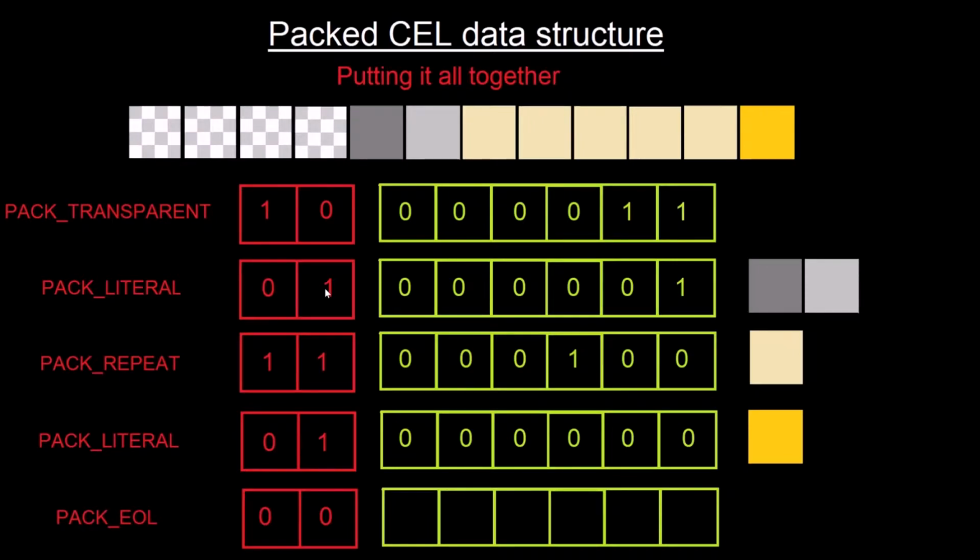The next header says pack literal 1 because it's 2 pixels. Because those 2 pixels differ, you could pack it as repeat, but it would be a waste. But because they are together and differ, you pack them as literal, and then you have next the data.